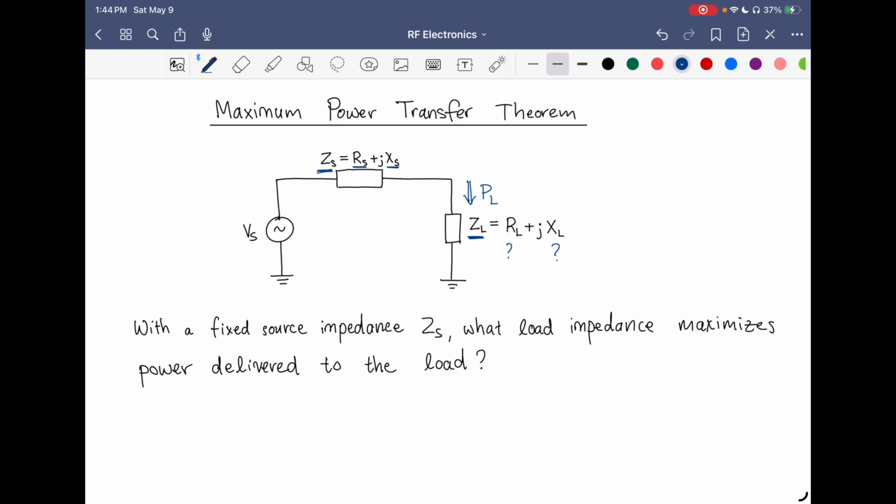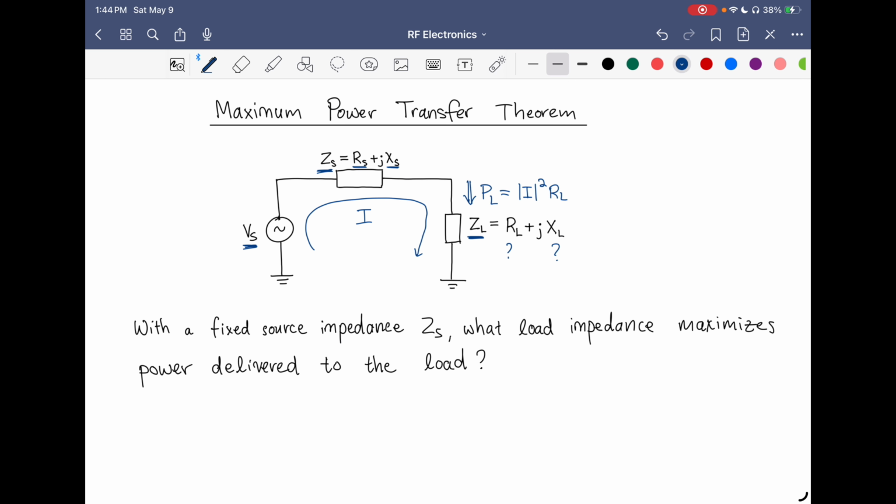So Vs represents the voltage phasor's RMS value. So we can proceed to find the current phasor's RMS value, I. And once we found this current phasor's RMS value, the power delivered to the load can be expressed as the current phasor's RMS value's magnitude squared times the real part of the load, which is the resistance RL.